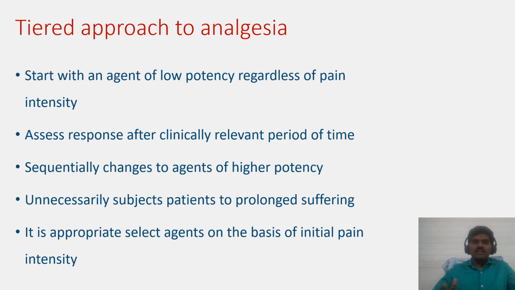A patient with more severe pain may not respond to a low potency drug. It is appropriate to select agents on the basis of initial pain intensity rather than using a tiered approach in the emergency medicine department, especially to give comfort to the patients and facilitate examination and the investigations.